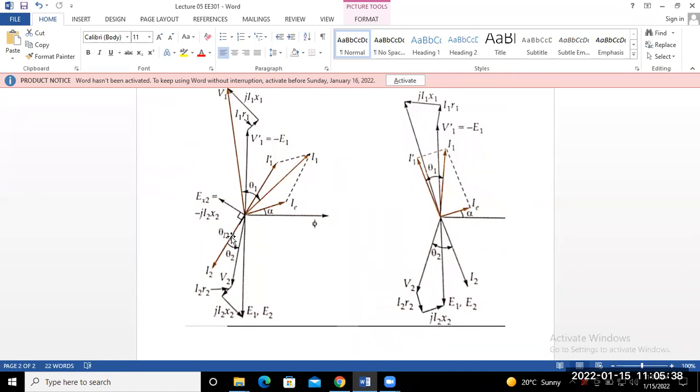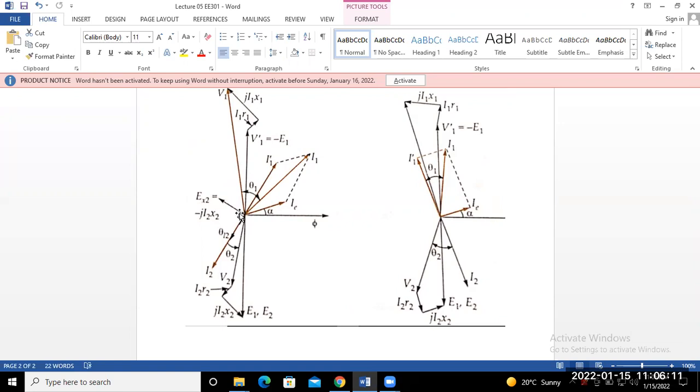So whatever current is drawn by the secondary side due to the load, that MMF will be demagnetized by the primary side. So whatever component I2 is drawn by the load, that current must also be drawn from the supply.